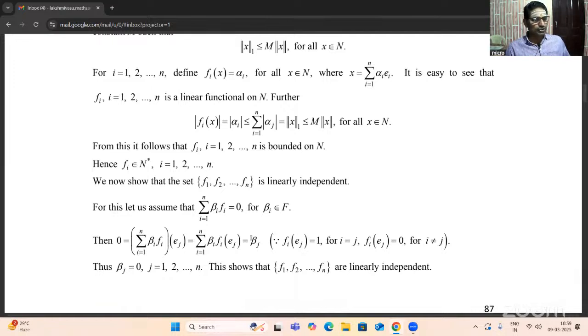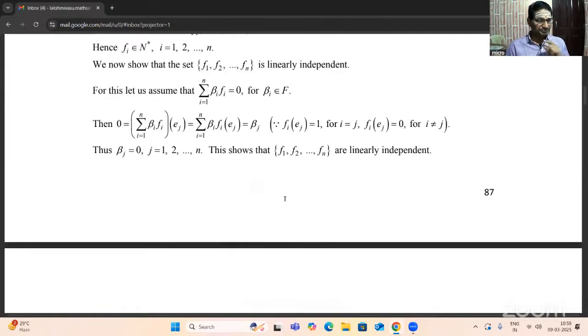So i equal to j gives the unit vector, and i not equal to j gives 0. So the linear combination summation beta i f i with respect to e j, the usual basis elements, has the value beta j. So how to define the beta j value? Suppose i equal to j, so f i of e j equal to 1. Suppose i not equal to j, f i of e j equal to 0.